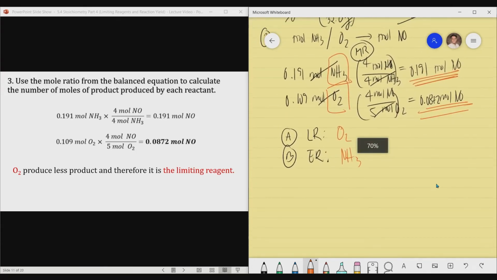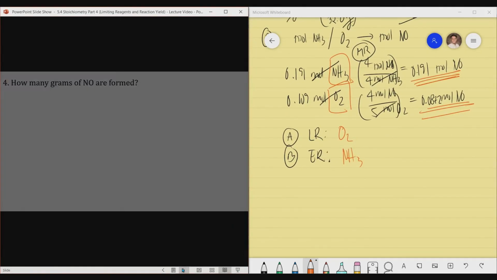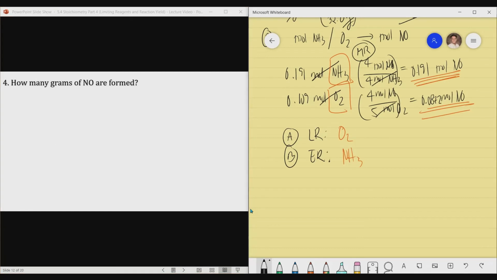So continue pa tayo. For letter C, we proceed with step number 4. Step number 4, how many grams of NO are formed? Now, how do we answer that?